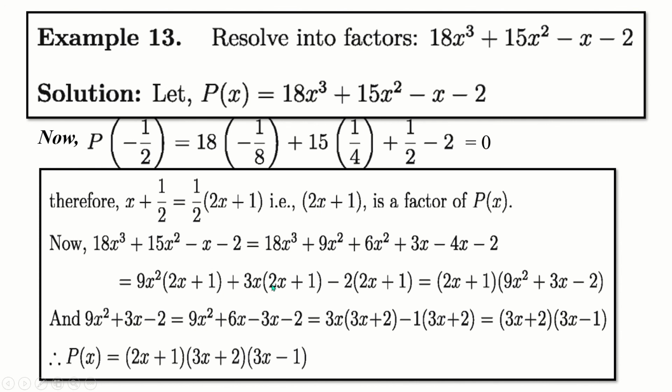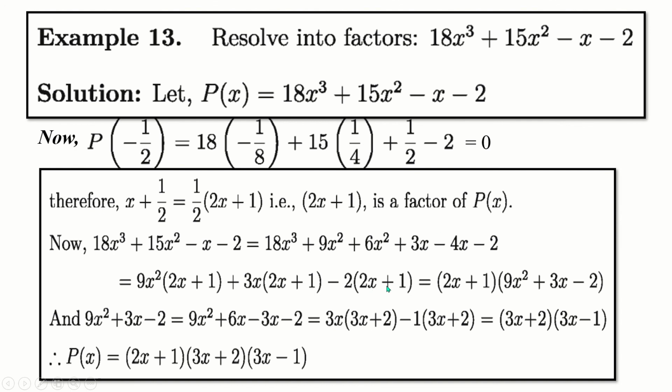As a result, 3x into 2x equals 6x square, and 6x square plus 9x square equals 15x square. So we can write 9x square plus 3x.